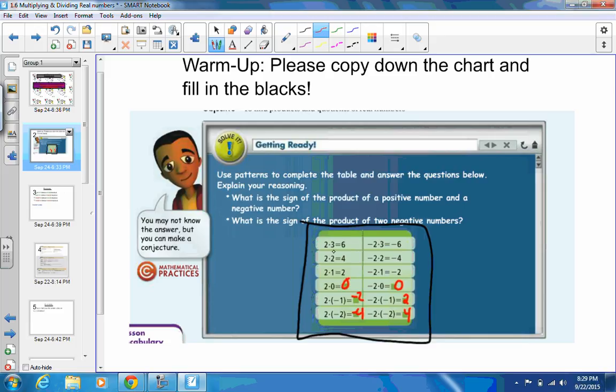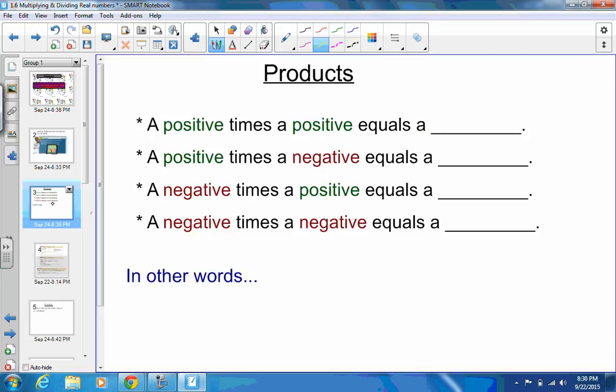So let's look. Here's a section with a positive and a negative. Here's also a section with a positive and a negative. If you look there, all the results are negative. So in other words, every time you multiply a positive by a negative, we can fill this in if this would help.